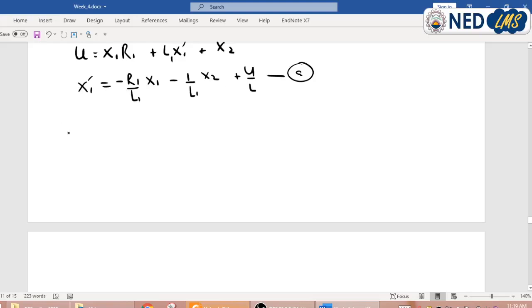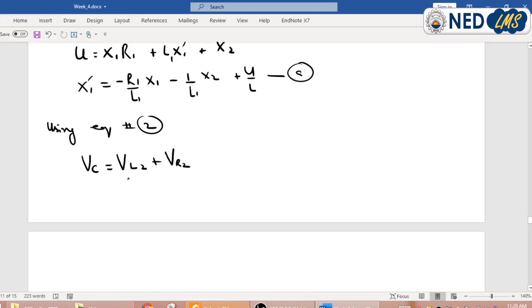For the second equation, I will use equation number 2, which was VC equals VL2 plus VR2.